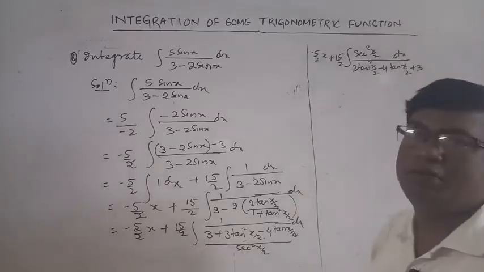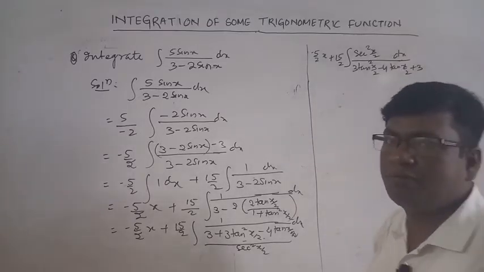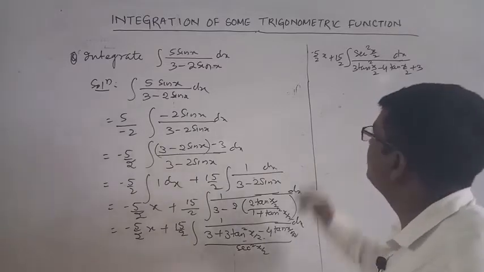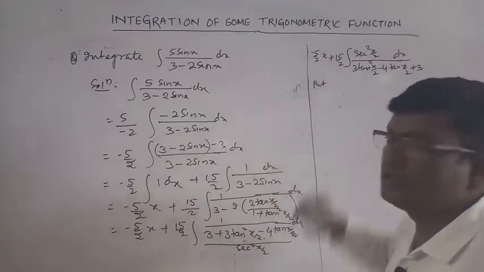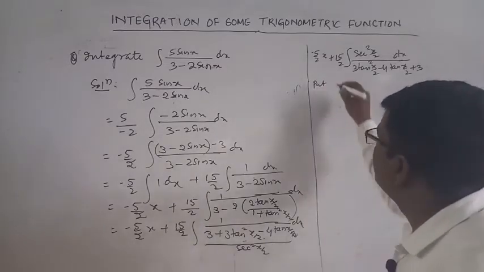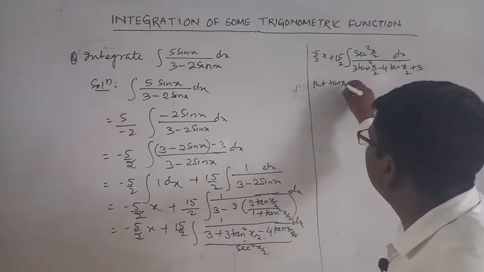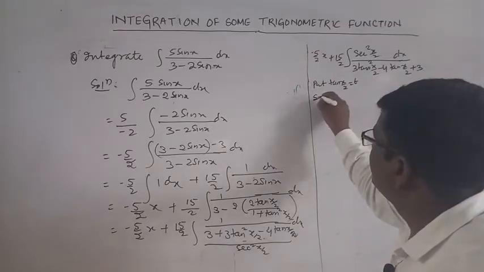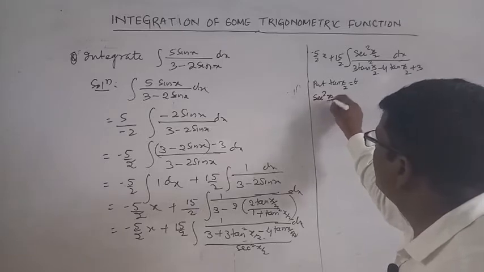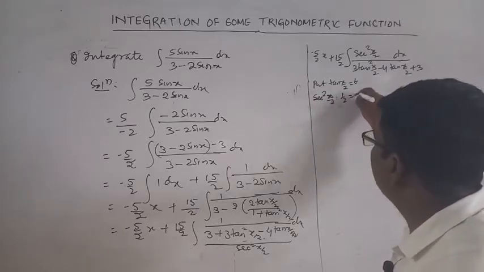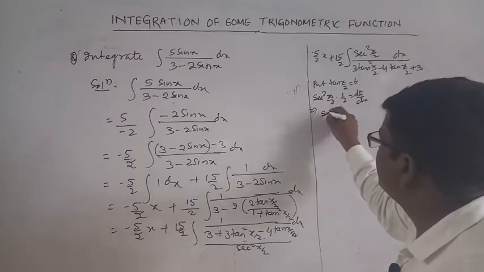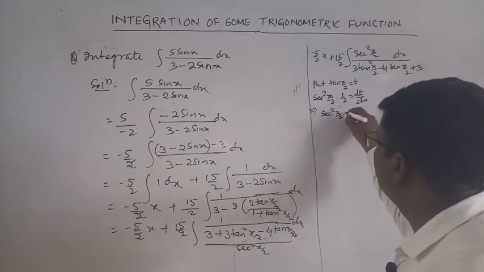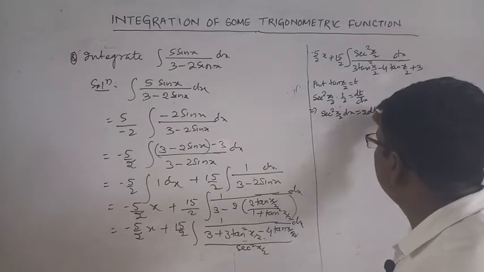Clear? Here the derivative of tan x by 2 is 1 by 2 sec square x by 2. So put tan x by 2 equal to t, so sec square x by 2 into 1 by 2 is equal to dt by dx. That implies sec square x by 2 dx is equal to 2 dt.